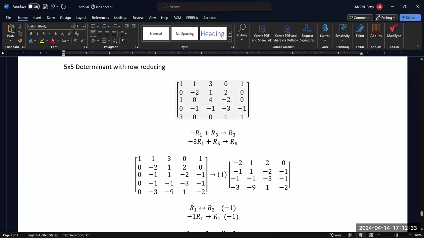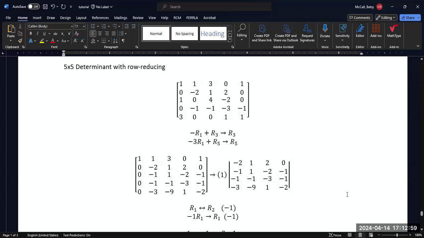So best case scenario, I do maybe expand on this entry right here. They're all 1s. That's great. So that reduces the amount of multiplication I have to do, but then I only reduce this to 4x4 matrices. And then I have to expand on those and do 3x3s, and then expand the 3x3s to do 2x2s so I can finally calculate it.